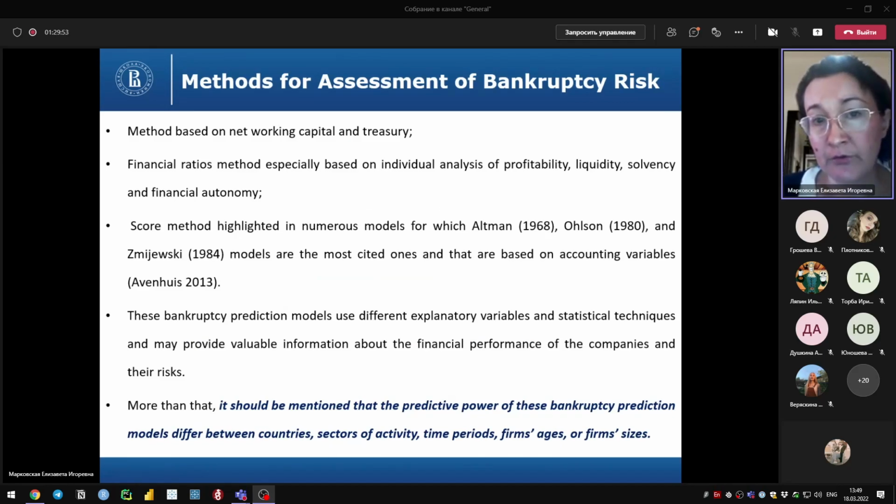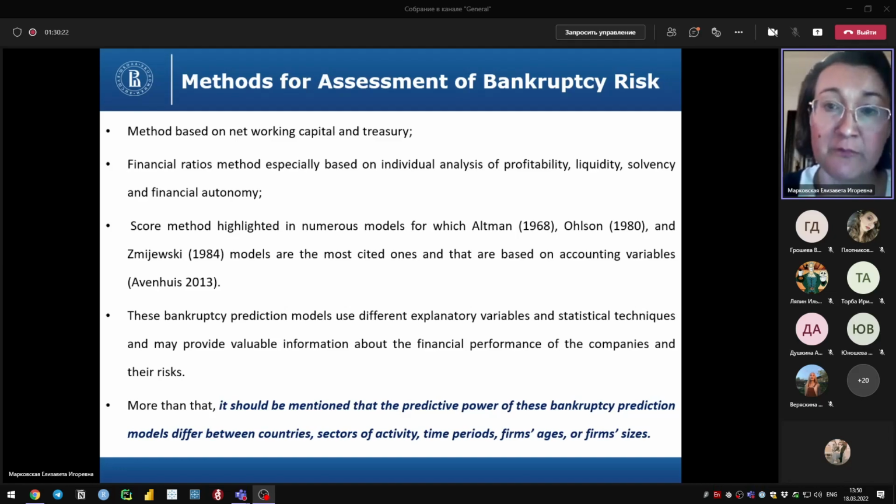And if we are talking about the assessment of bankruptcy risk, to make this assessment we have to use some methods.